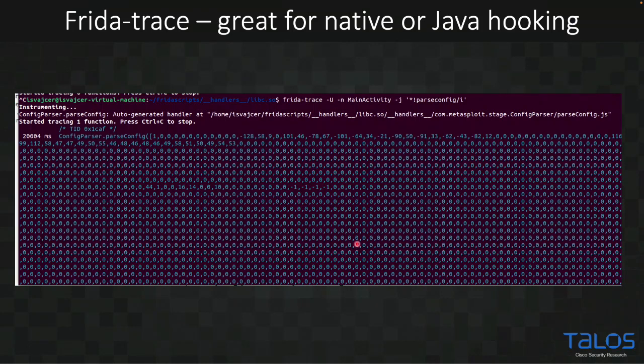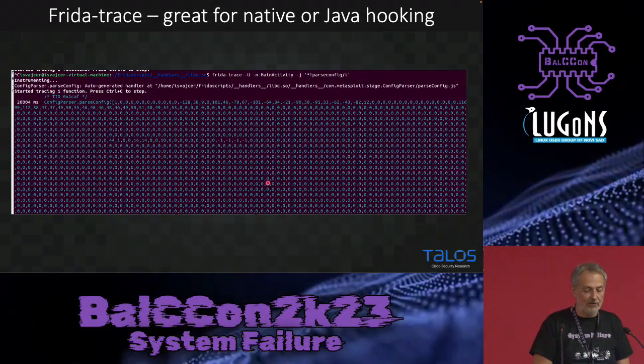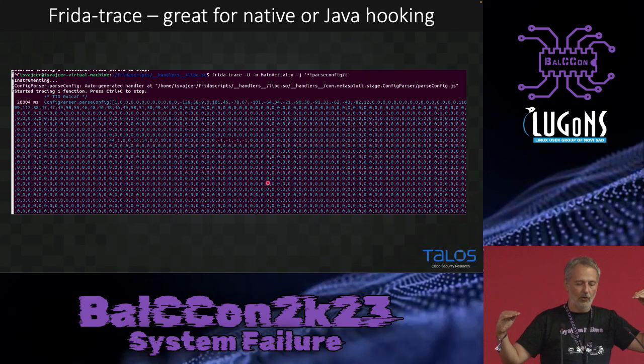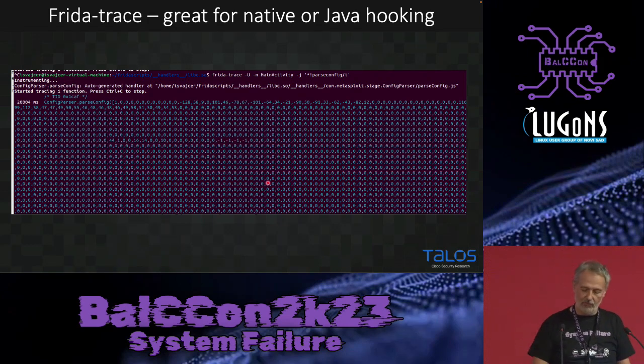By default, frida-trace works like this: you give it a pattern, and then it goes into the application space and tries to find all the functions which match that pattern, and then it instruments those functions. So it found one function which I already knew before, parse config, and then it logs both entry and arguments to the function and the return.